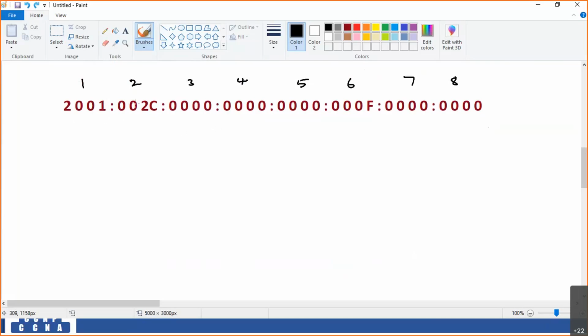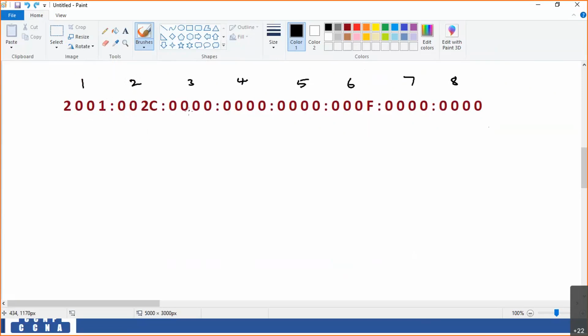So first understand the rules, then I'll explain that clearly. Rule number 1: from any quartet, leading zeros can be omitted. Take the first quartet, 2001, we don't have any leading zeros. But in the second quartet, 002C, the first two zeros are leading zeros, so we can omit them and write 2C directly.